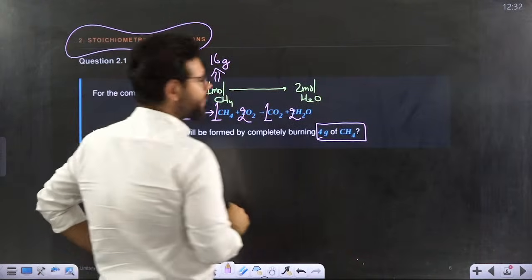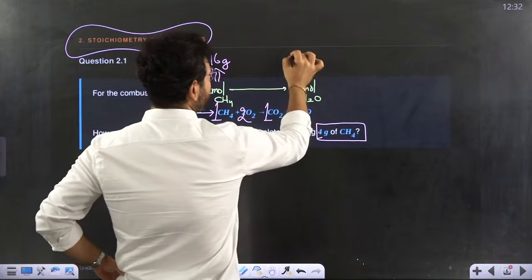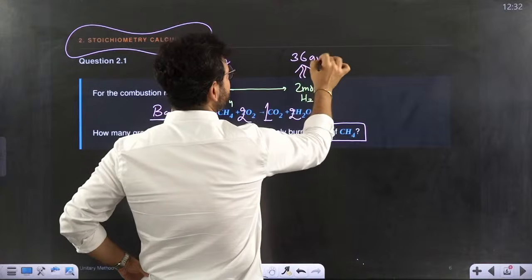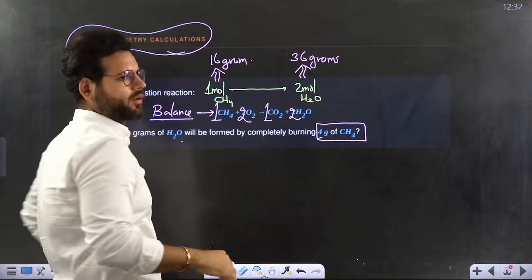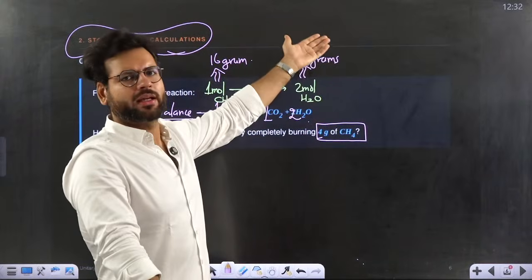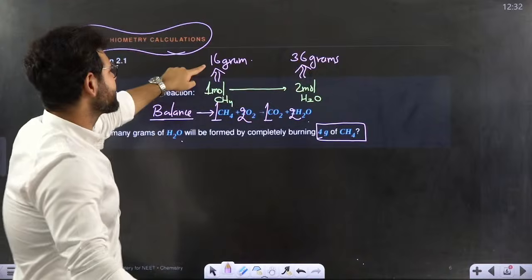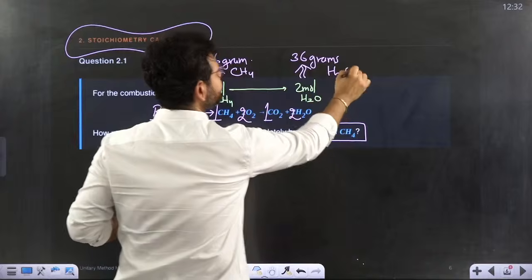And 2 mole water, I can write as 36 grams, since 1 mole water is 18 grams. So I can say 16 grams of methane produce 36 grams of water.